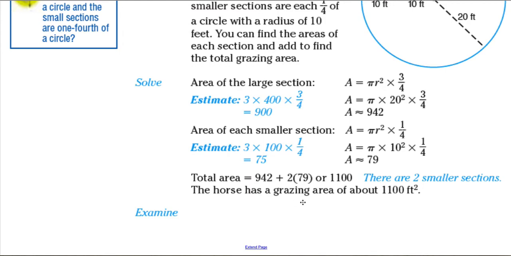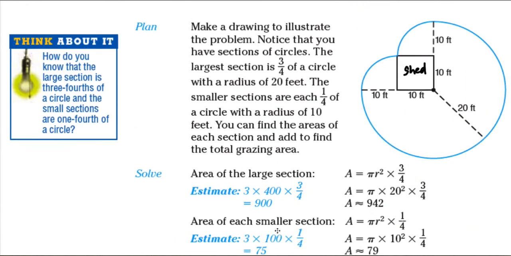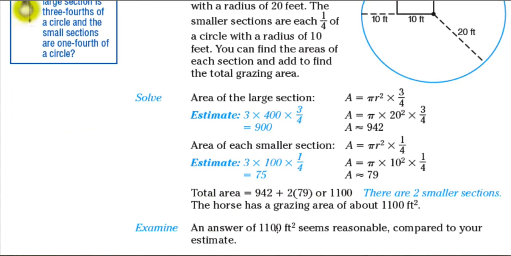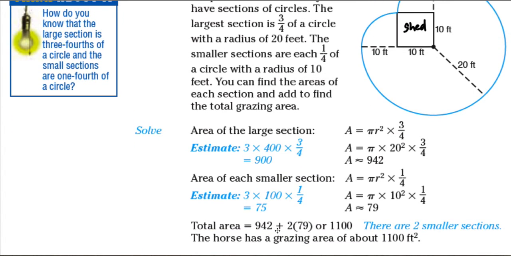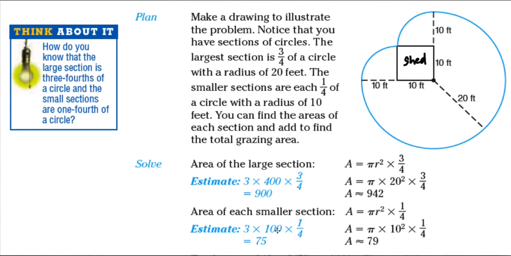So the horse has a grazing area of around 1100 square feet. Now, the answer of 1100 square feet seems reasonable compared to our estimates. So that's how you solve this problem, by drawing to see exactly how you are going to solve this type of problem.